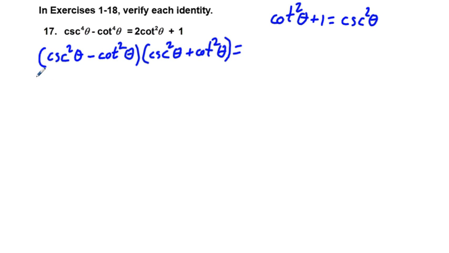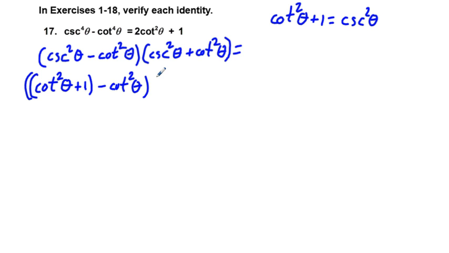So we have cotangent squared theta plus 1 minus cotangent squared theta.